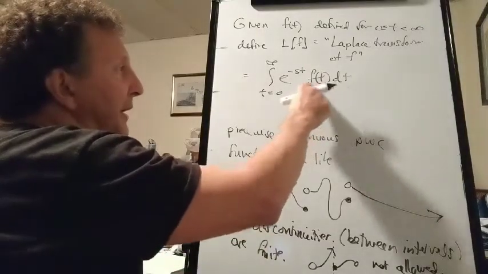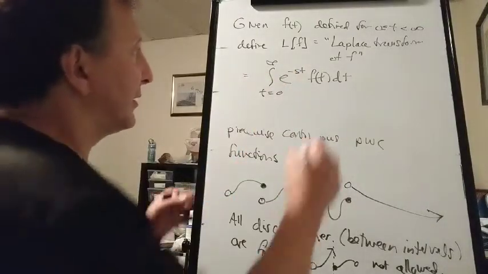So after we're done integrating over t, what we get is a function of s.